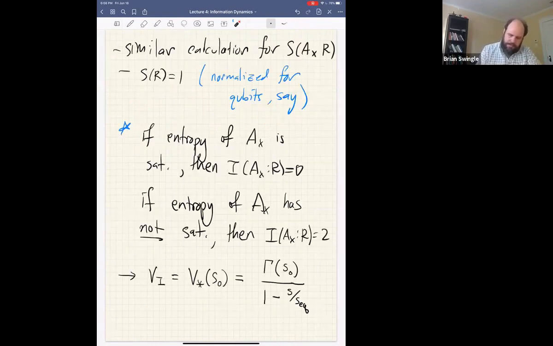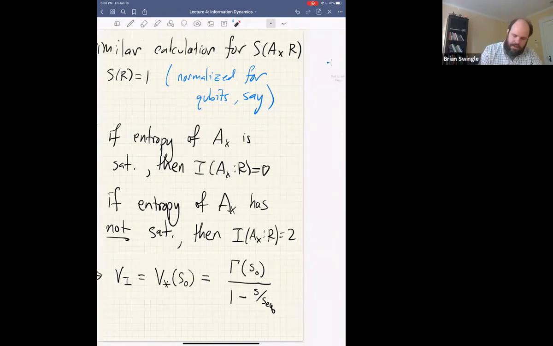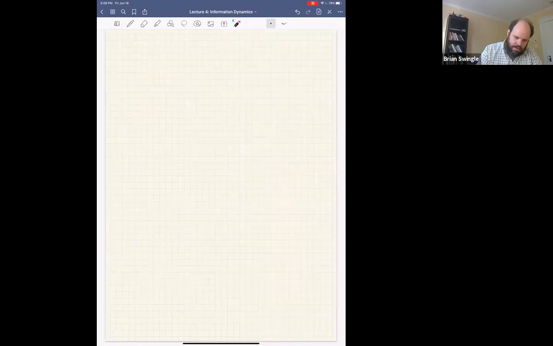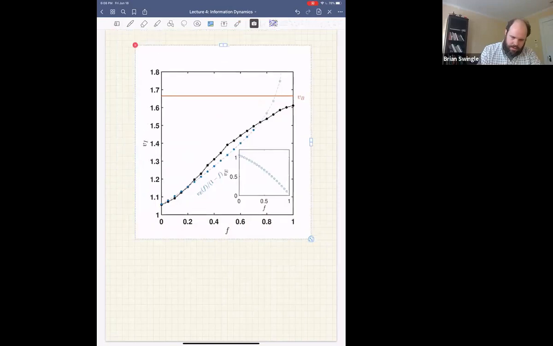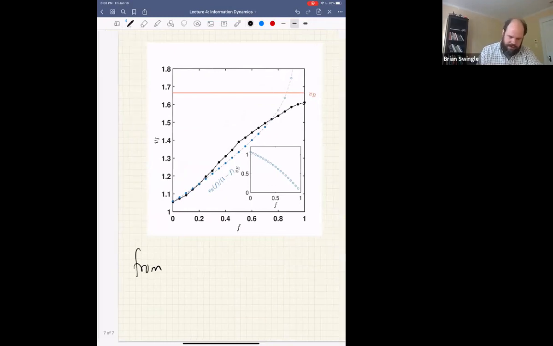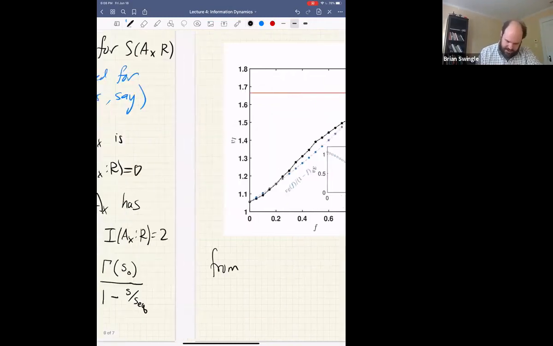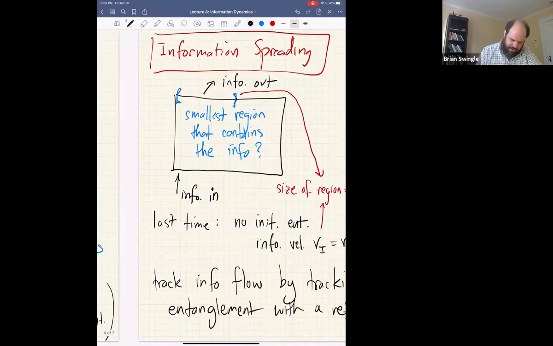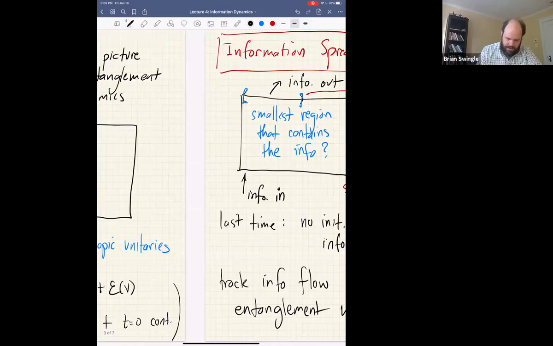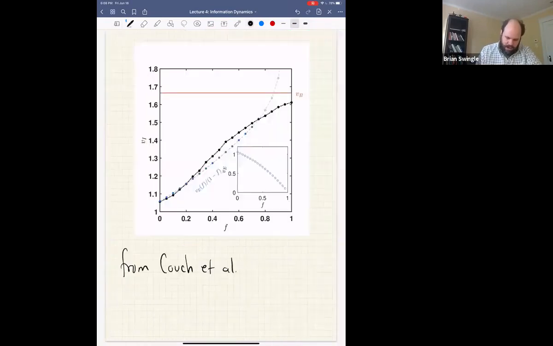Okay. Now let me show you how this works. So here is a figure from the paper that we wrote, where we compare these various things.